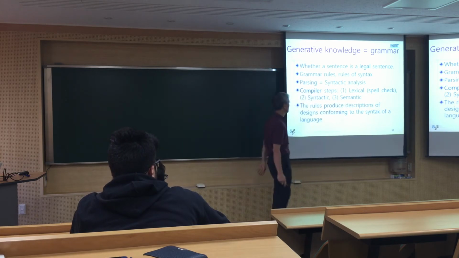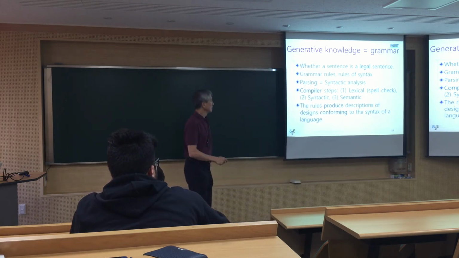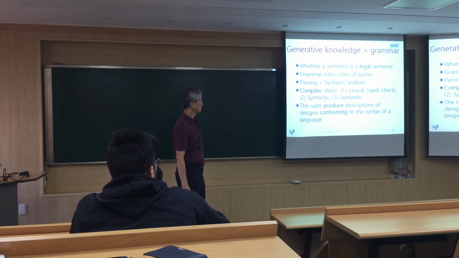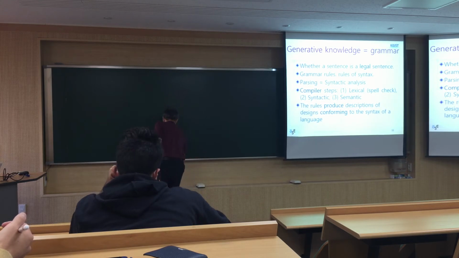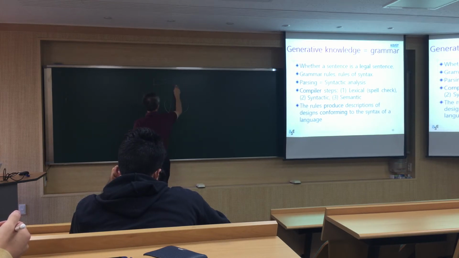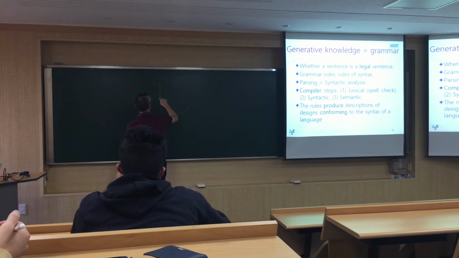Programs can do work. The rules produce descriptions of designs conforming to the syntax of a language. So grammatical generative knowledge has been shown in these two pictures several times.